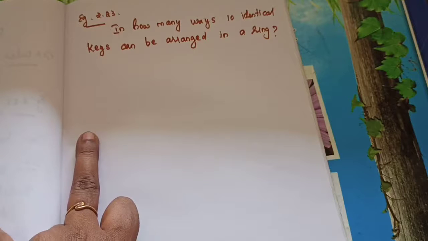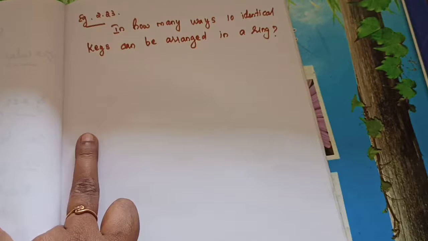So both clockwise and anti-clockwise are the same. That's the meaning. So now you know what formula we'll use here. You got one idea, yes?